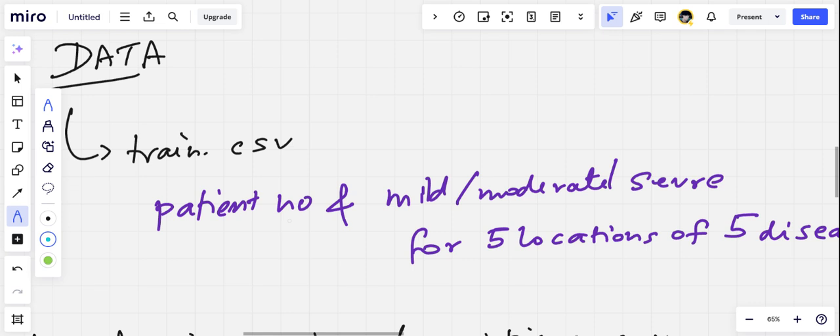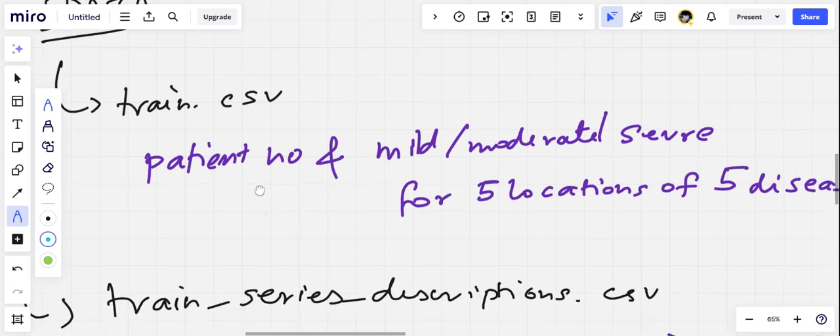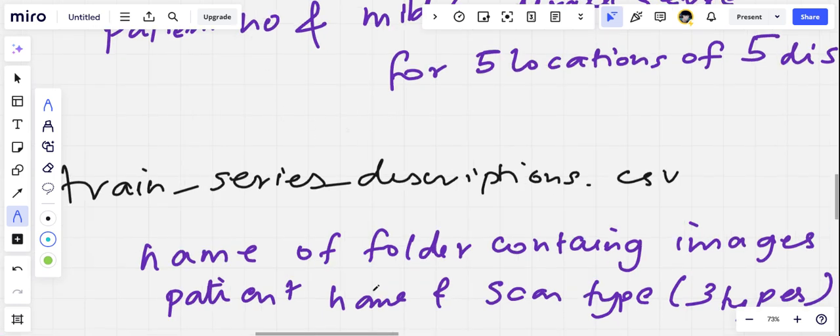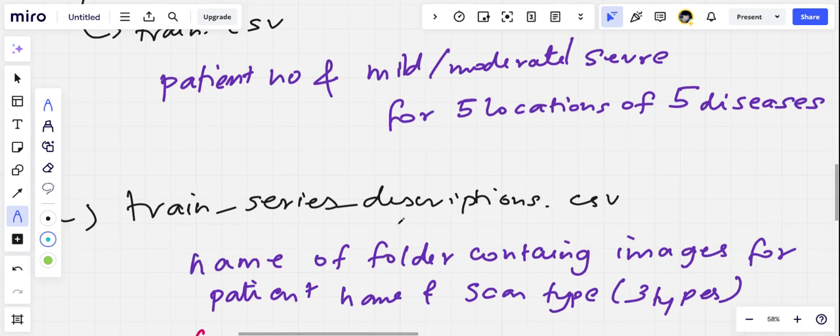But you actually don't get the image file in this train file. You have to take the patient number from that train file, go to train_series_descriptions.csv, and search for the same patient number here. For each patient there can be three scan types: sagittal T1, T2, and axial. So you have to choose which one you want.